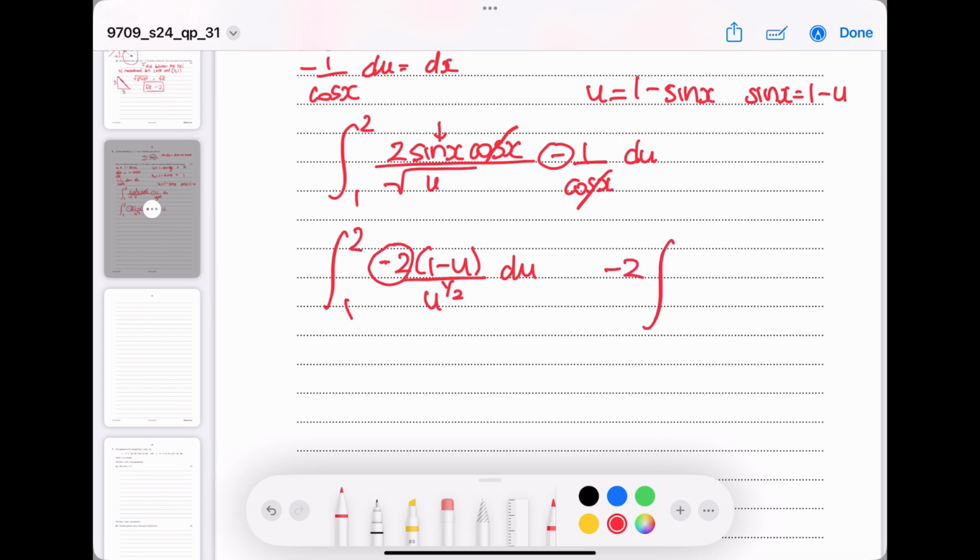It's probably going to make lives easier. So -2 from 2 to 1, and I'm going to separate my terms to 1 over u to the half minus u over u to the half, which gives me -2 from 2 to 1 of u to the -1/2 minus u to the half du.